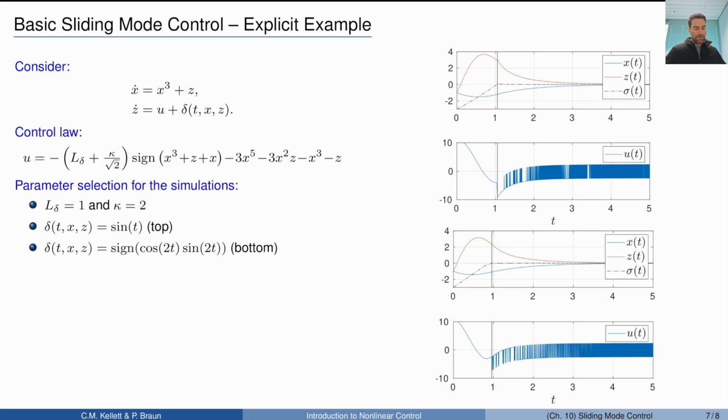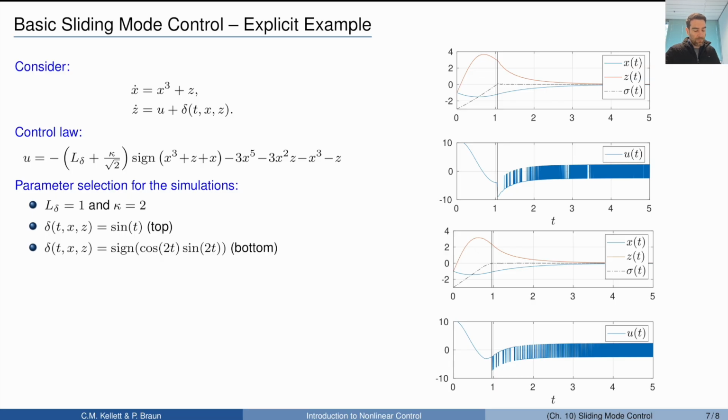Okay, now we've done the main steps. We just have to collect a couple of results. So what we started with was this dynamical system. We have constructed the control law here, and now we can simulate it just to see the performance for some particular disturbances.